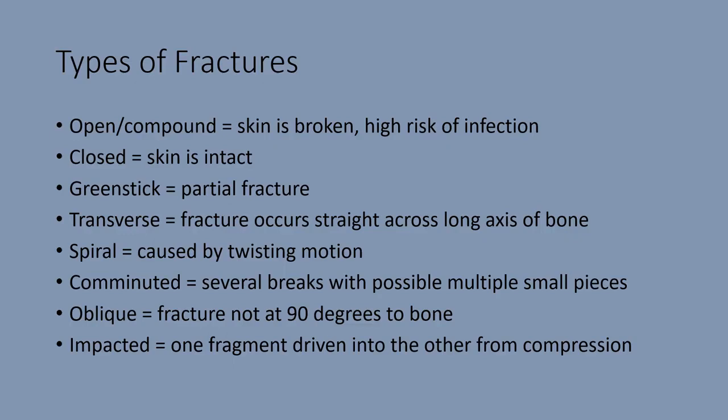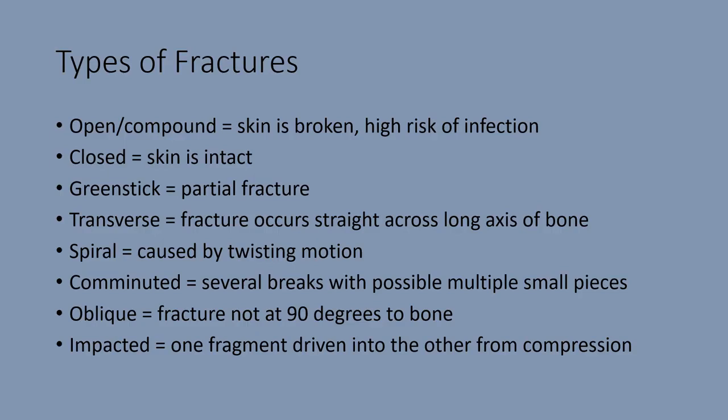Now, sometimes the bone may not be completely broken all the way through. That's known as a green stick. It's still a fracture, but it's a partial fracture. They'll look at if the bone is broken all the way through. Is it along the long axis, or is it kind of a spiral because there's a twisting motion with it? Are there several breaks or is there just one break?